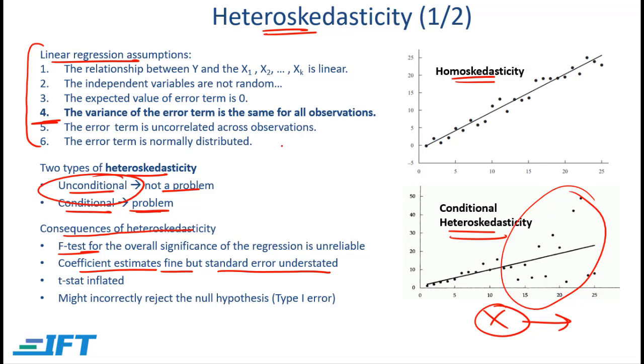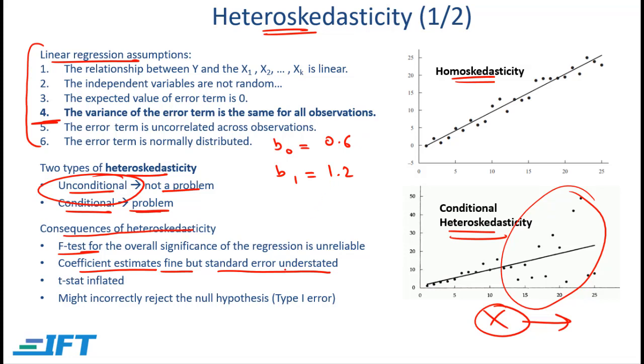So what this means is, when we run a regression, we'll obviously get estimates for the regression coefficients. Let's say we have B0 equal to 0.6 and B1 equal to 1.2. So these are the coefficient estimates. We are saying that these will be okay, but the standard error is understated.